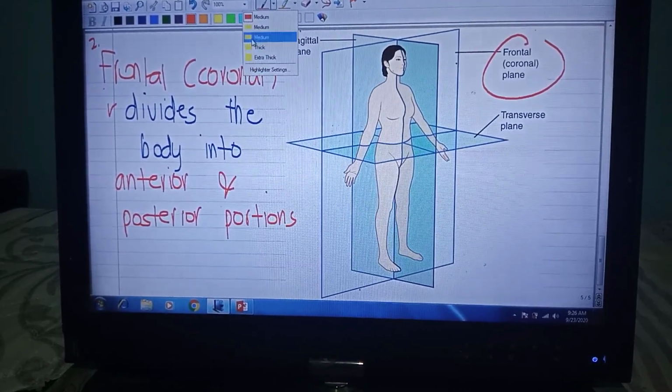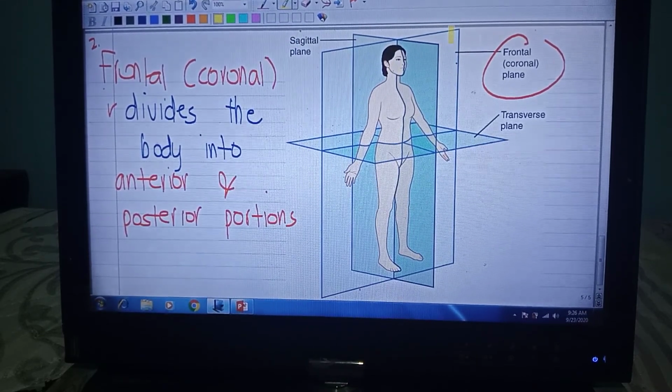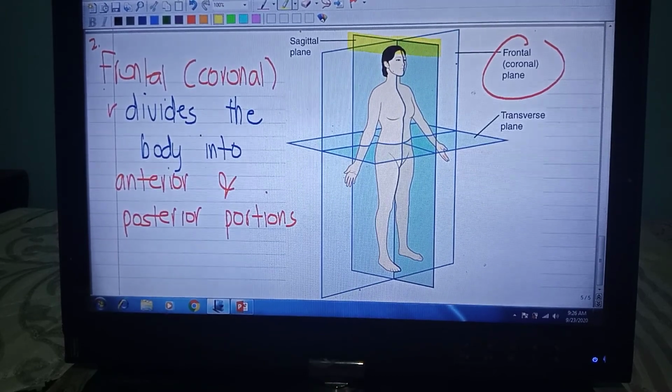Hanapin natin yung frontal na yan. Parang may mali ako kanina ng pag-highlight. Ito ba yung hin-highlight ko kanina? This is your sagittal plane, di ba? Oh, so sorry kanina ha.